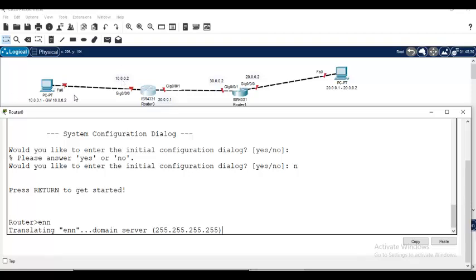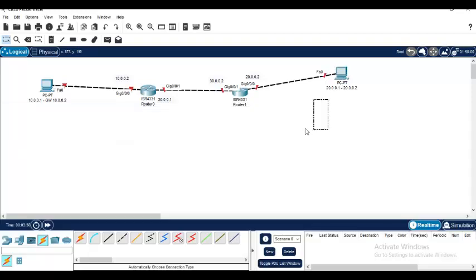So the PCs are already given an IP address. I'm going to assign an IP address to the router.